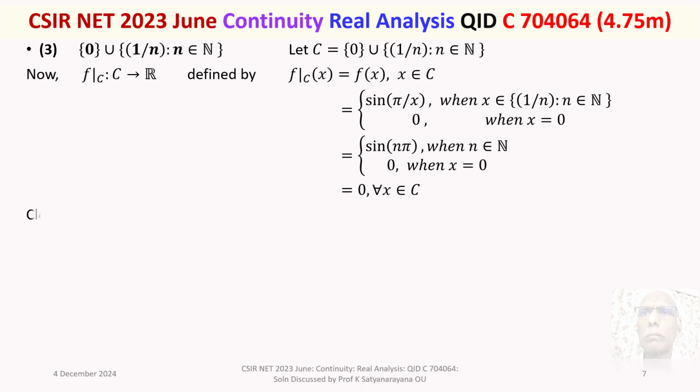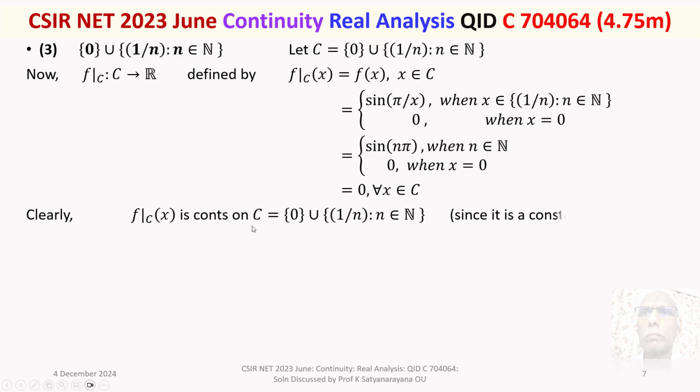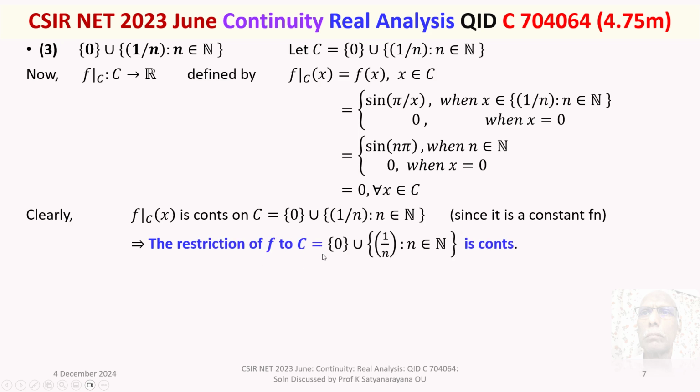So clearly f restricted to C is continuous on C since it is a constant function. Therefore, the restriction of f to C is also continuous.